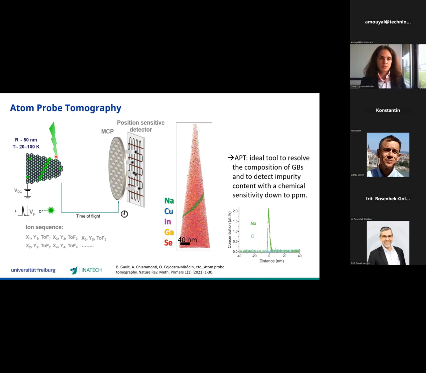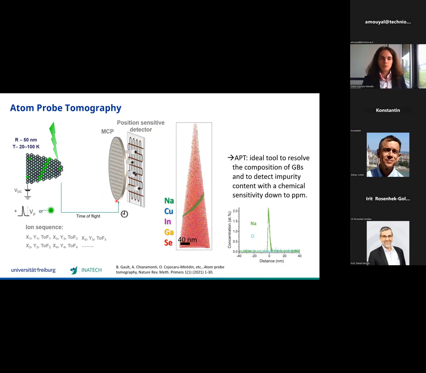But what happens under these pulses, basically, is that we have the field evaporation of the atoms from the needle apex, and the detection of these atoms' impacts on a position-sensitive detector. So we get basically the XY positions, and we get the time of flight for each impact.